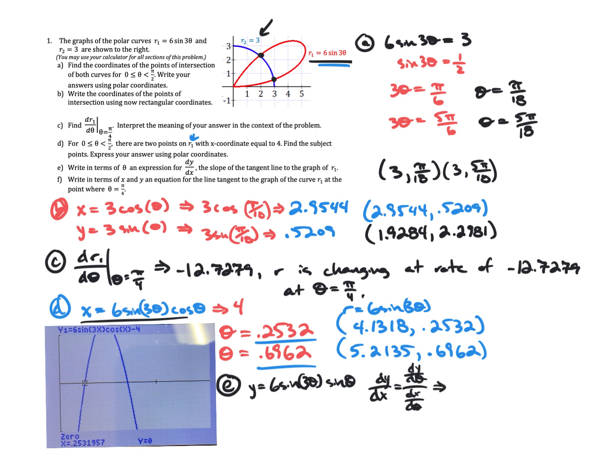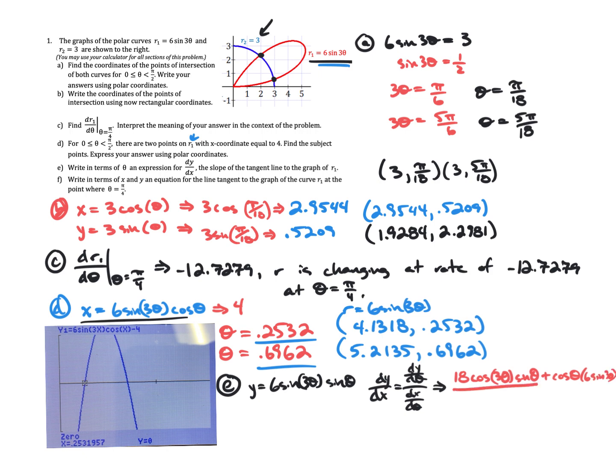And so, what rule do we need to use? Product rule. So the derivative of my first, the derivative of 6 sine of 3θ is what? 18 cosine of 3θ, and then times sine θ. And then plus the derivative of sine θ, which is cosine θ, and then times 6 sine of 3θ.